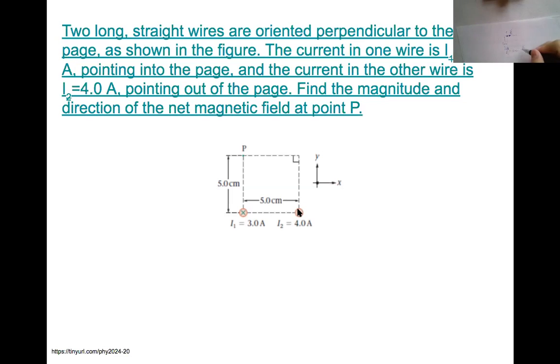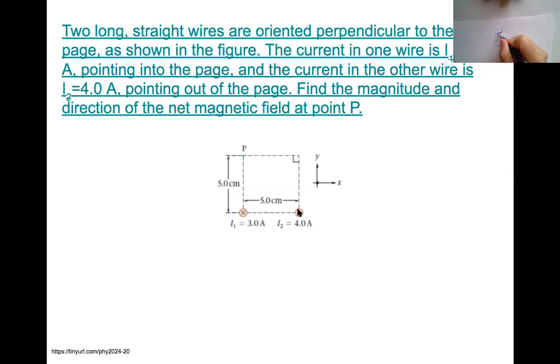Now the magnetic field by the second current-carrying wire I2, you use your right-hand rule again. The thumb is in the direction of the current, so going out of the paper. Then you curl your four fingers, so at particular point P, it's going to be in the tangent direction at that point.